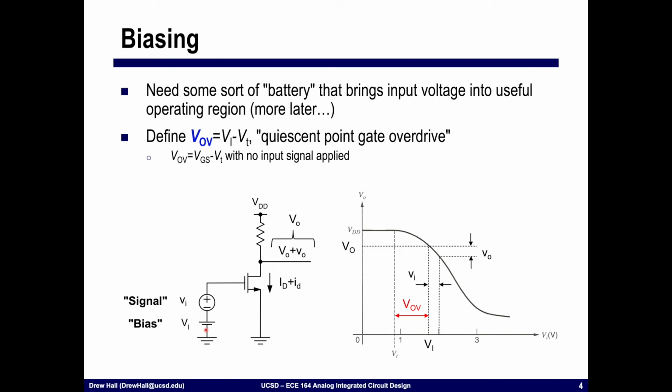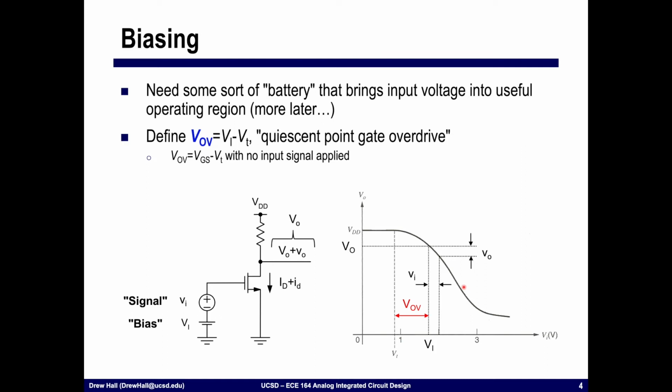Okay? Then we have our overdrive voltage, where our overdrive voltage is the difference between this voltage, the input bias, and the threshold voltage of this transistor. Okay? And this is essentially what's going to set where on this curve we superimpose our AC or our small signal response. Okay? And so this bias point, this is really where we're trying to set the operating point of the transistor.